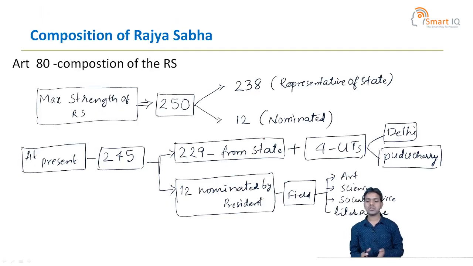So what is the composition of the Rajya Sabha? Article 80 talks about the composition of the Rajya Sabha. The total maximum strength of the Rajya Sabha is 250.